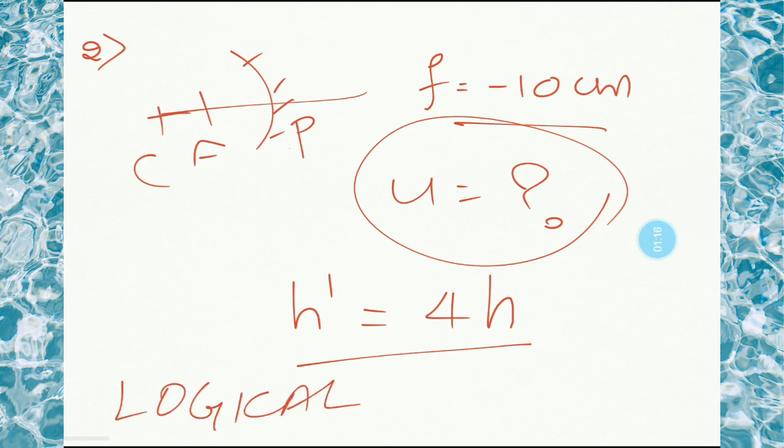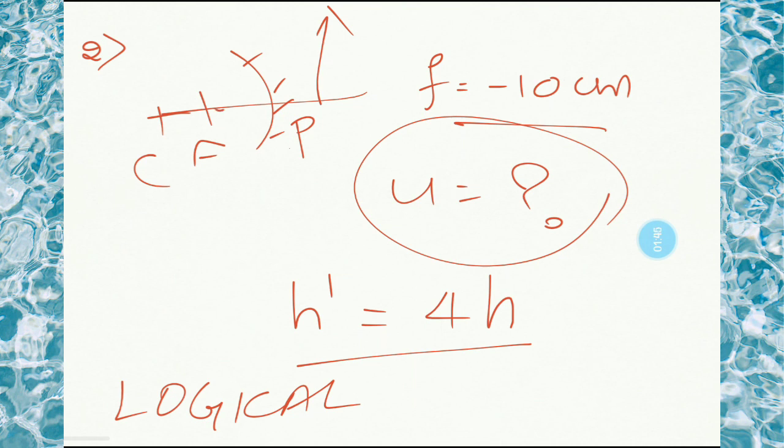So in which case, just open the ray diagrams. You will see that only in the last case you will be able to see a bigger image than the object size, right? There are cases where there are enlarged images, but it is not 4 times. When you see the size, you can compare it. And in one case, when you keep it on the focus, you will get a very big infinite image, right? So you can't just say it is 4 times. So that cannot be the option.